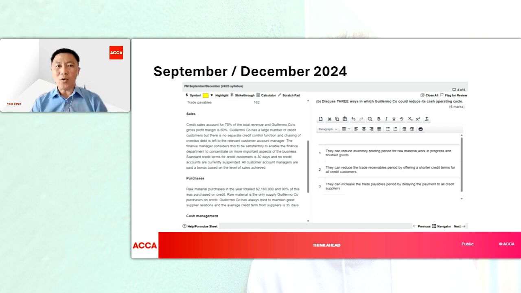First one, we can reduce the inventory holding periods for raw material, for work in progress, for finished goods. Have I answered the question? Think of this again. Not really. I haven't actually addressed what the question wants.